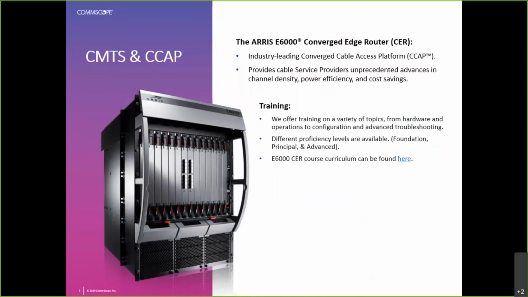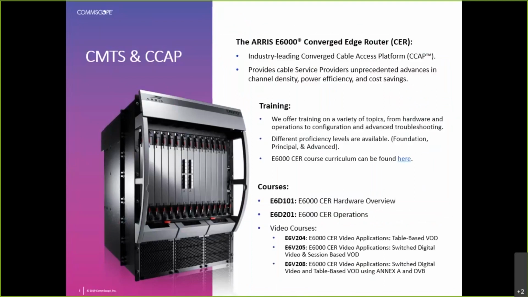Thanks, Lauren. We'll begin with talking about the E6000 Converged Edge Router, which is our industry-leading converged cable access platform, or CCAP. The training that we have available covers a wide variety of topics. We're going to look at a few courses in particular. You'll see these listed here: the E6D 101, E6000 CER Hardware Overview.